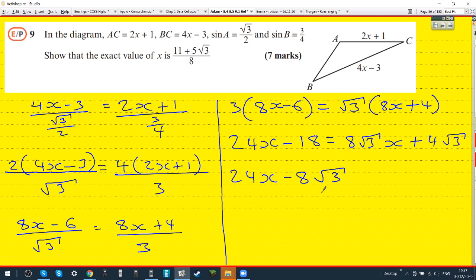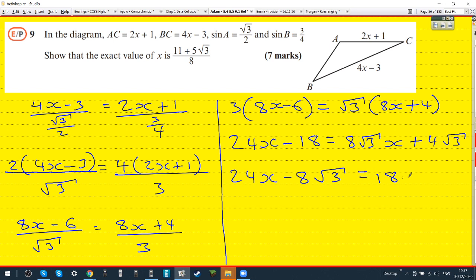And then? How would you be able to simplify that? You could add 18 to both sides. So you're bringing the x's to the left, and everything else to this side.